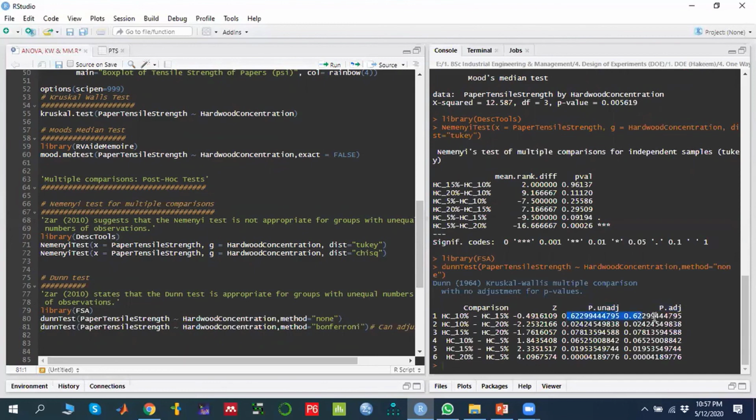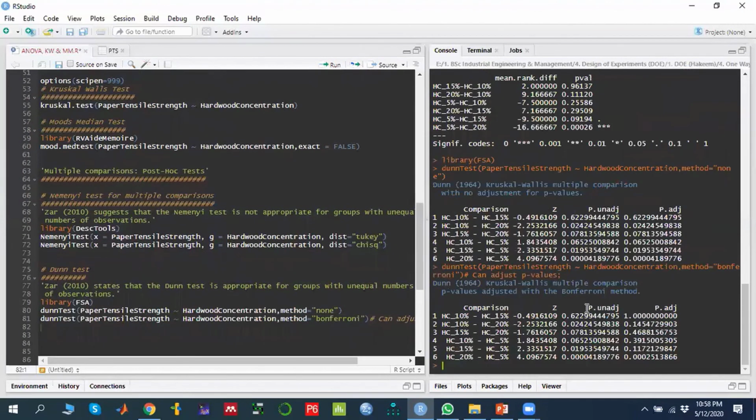The answer is the same if I'm using none, which means I'm not using any correction method right now. To calculate the p-value with a correction method, we can use the Bonferroni correction, and now you can see the unadjusted p-value is different from the adjusted p-value.